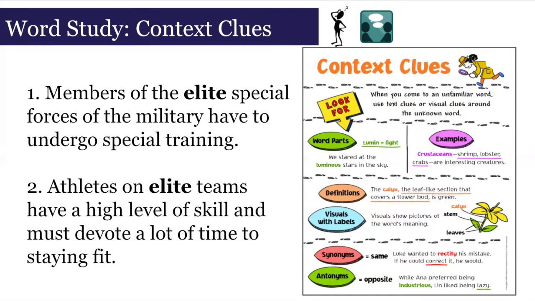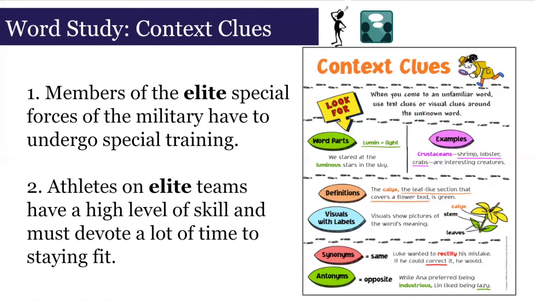Now, let's use your knowledge of context clues to determine the meaning of the word in bold. Members of the elite special forces of the military have to undergo special training. In this sentence, if the unknown word is elite, what words in the sentence give us clues about its meaning? Well, for starters, I see the word special 2 times.